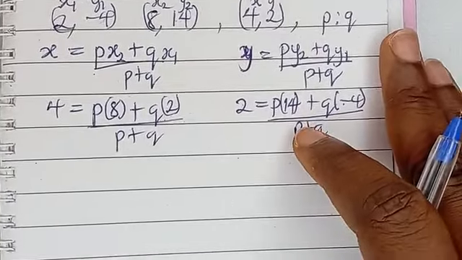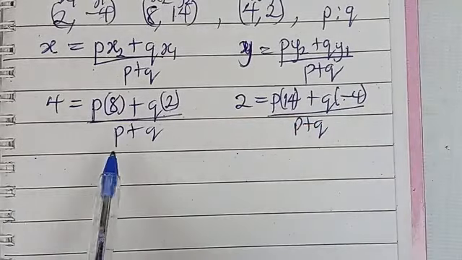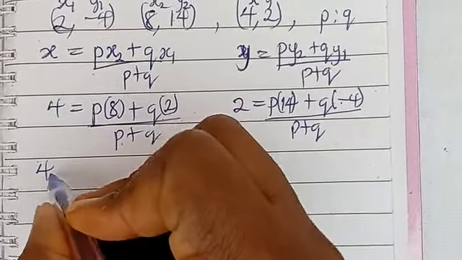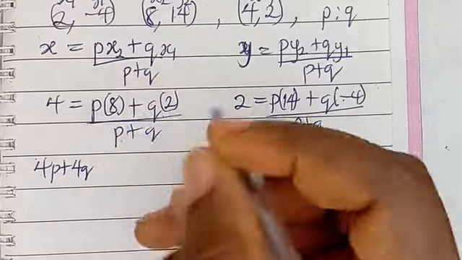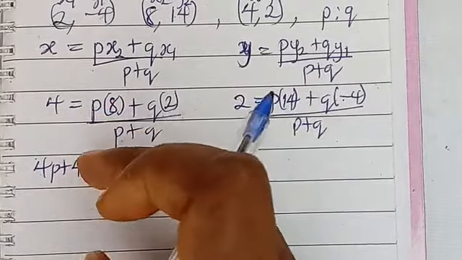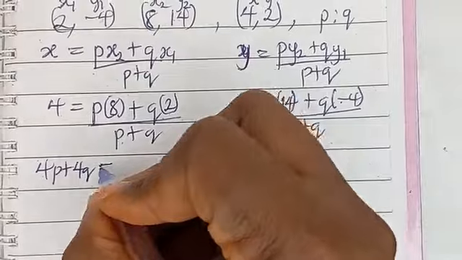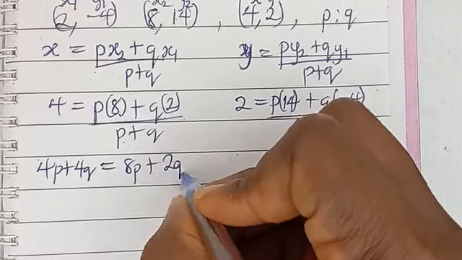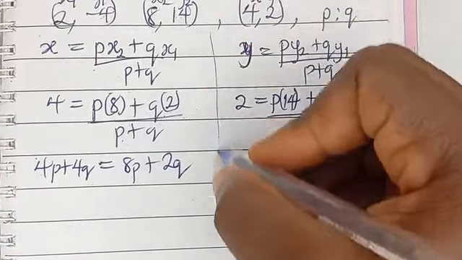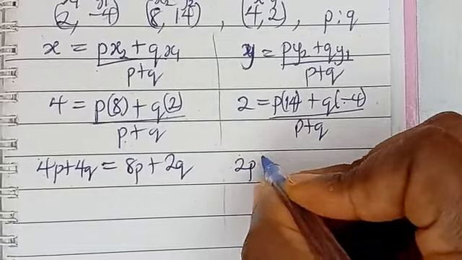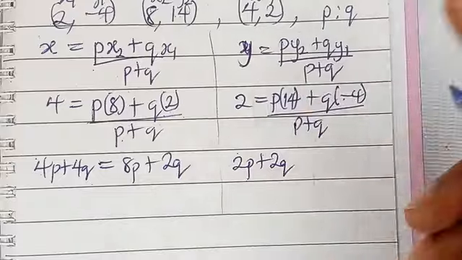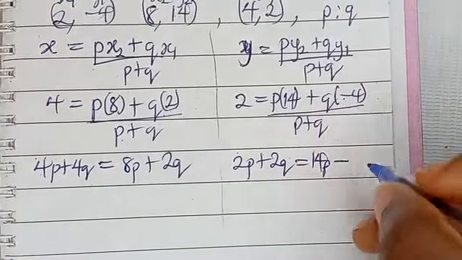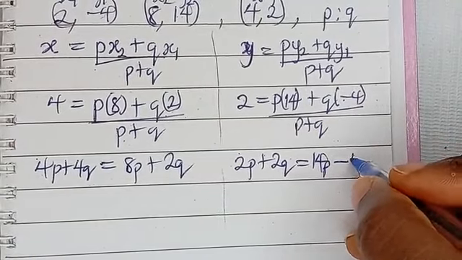Okay, we are going to solve the equations now. So we multiply both sides by the denominator. We have 4p plus 4q, I've already spread out the bracket to save time, is equal to 8p plus 2q. And on this side, we have 2p plus 2q, multiplying out, is equal to 14p minus 4q.